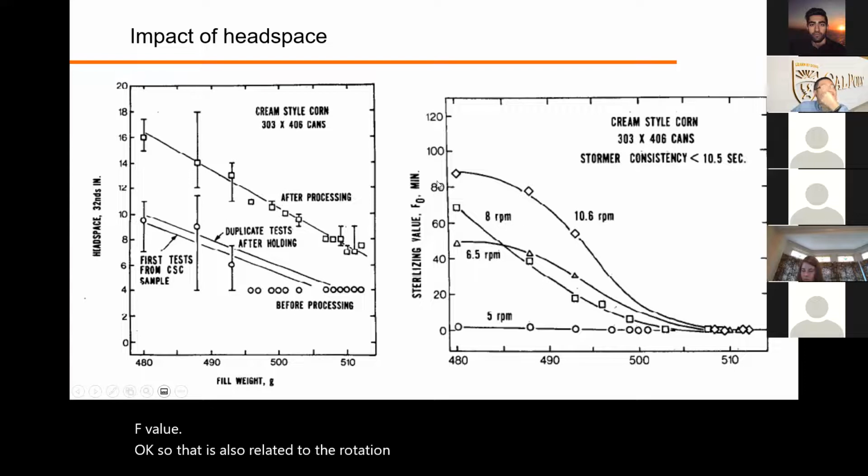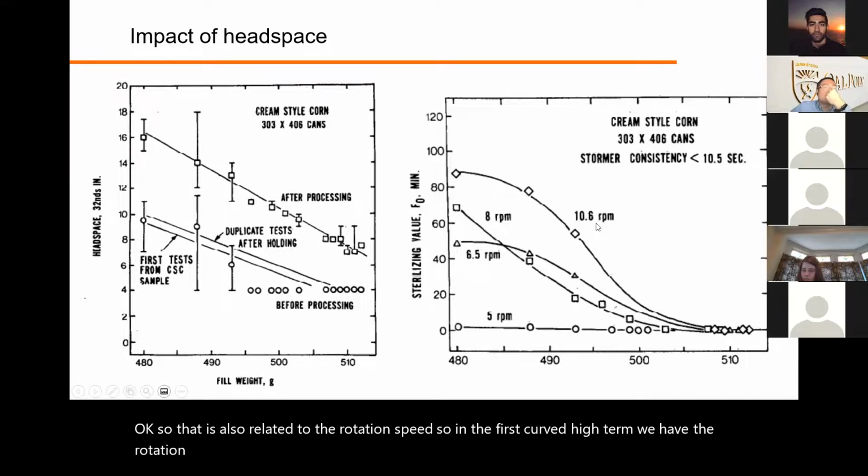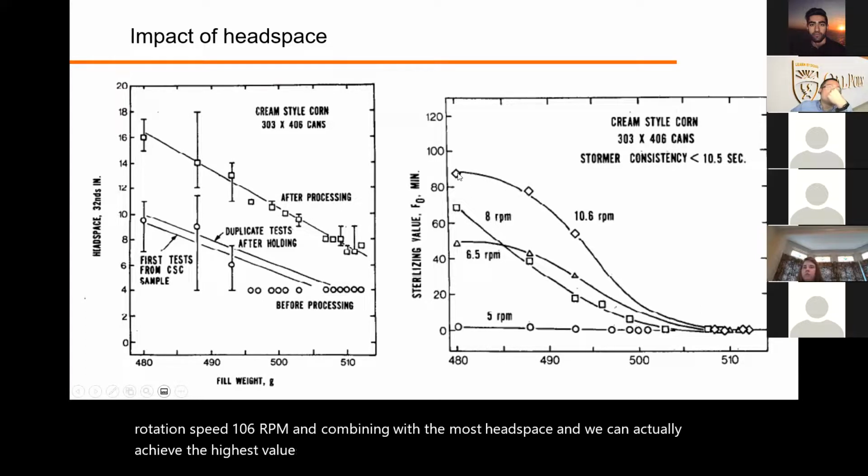So in the first curve, the highest curve, we have the rotation speed of 10.6 RPM, and combining with the most headspace, we can actually achieve the highest F value, which means more log reduction.